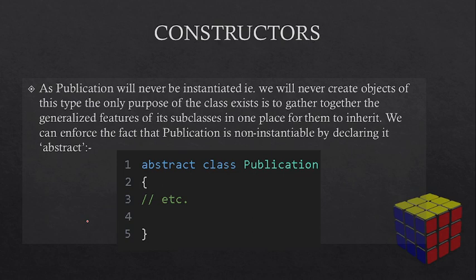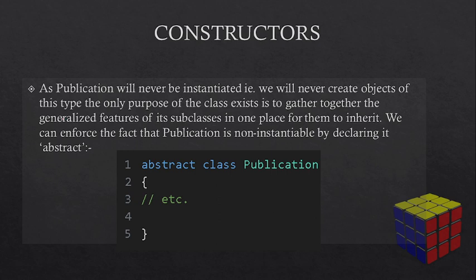As the purpose of publication is only to be inherited, it can no longer be instantiated. We will never create objects of this type, and the only purpose of this class is to gather together the generalized features of its subclasses. So here we can enforce the fact that publication is non-instantiable by declaring it abstract.